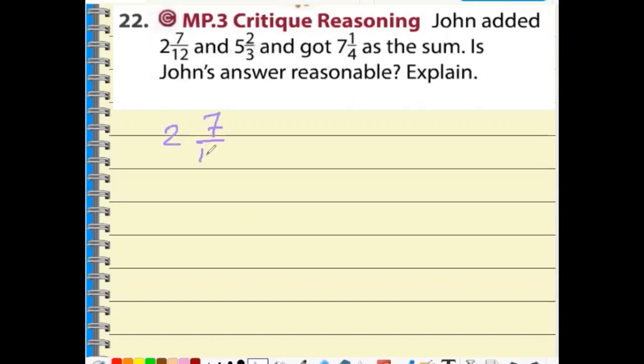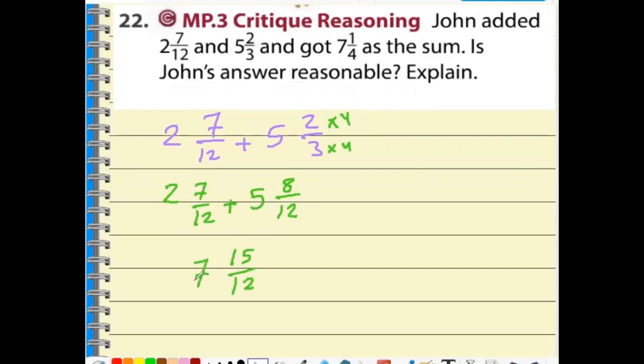2 and 7 over 12 plus 5 and 2 over 3. So the 3 and 12, I'm going to multiply the 3 by 4, up and down. So now it's going to be 2 and 7 over 12 plus 5 and 8 over 12. You can add them. 8 plus 7 is 15 over 12, and 2 plus 5 is 7.